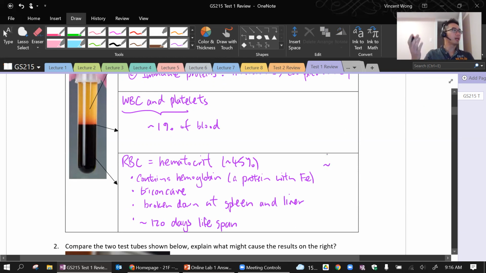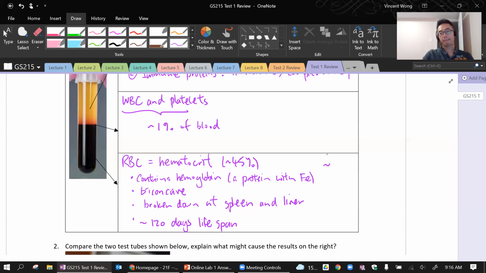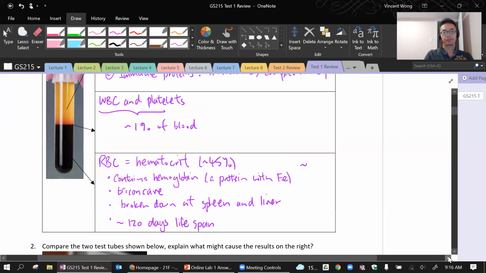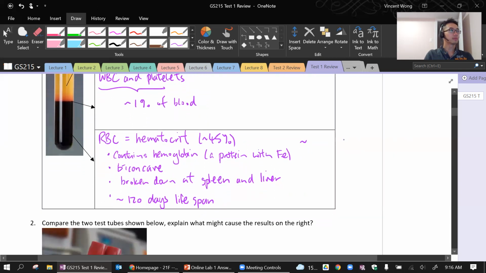Does anybody remember a hormone that will increase your RBC? What hormone is secreted from the kidney to increase RBC production? Anybody? Is it histamine? Good try. Histamine is going to trigger inflammation, so not quite.